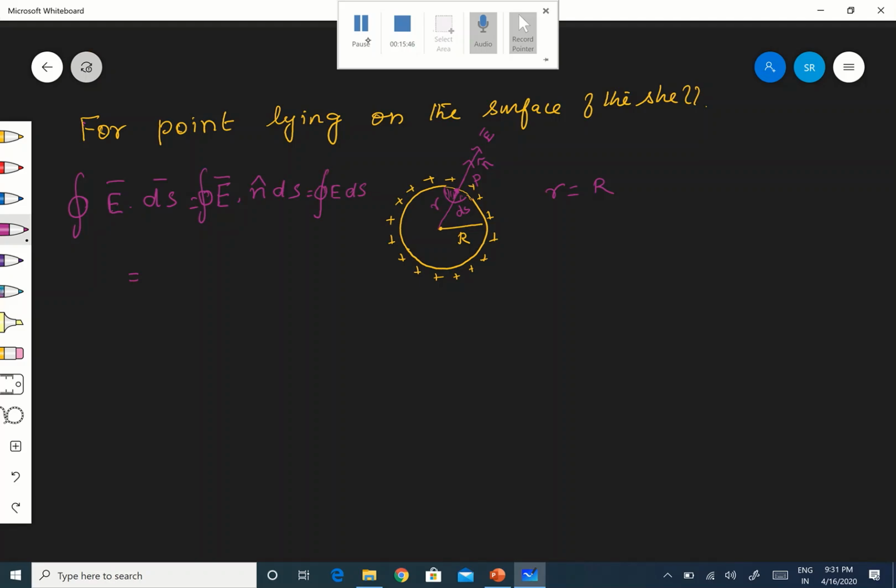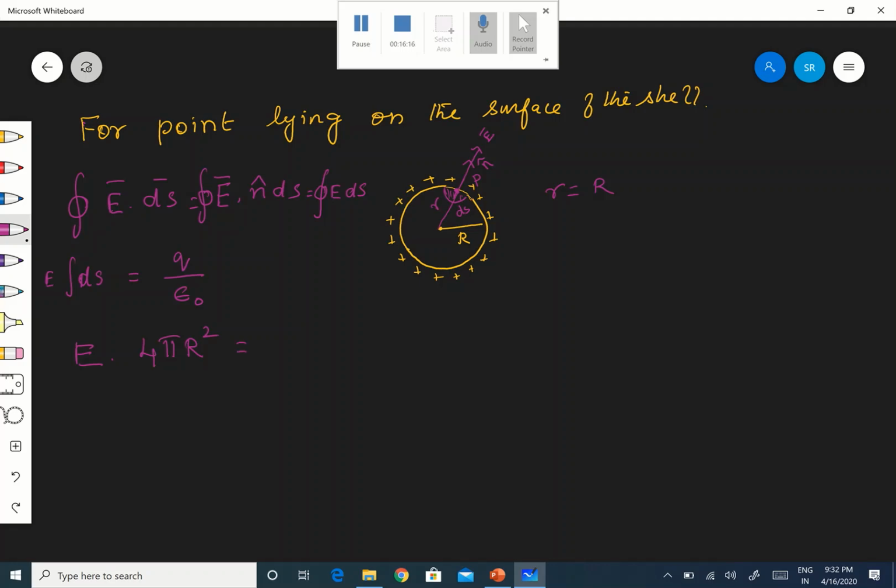Now it is E ds, and that is, according to Gauss theorem, q by epsilon naught. Therefore you will be getting E times ds, and what is the area here? 4 pi capital R squared, because the Gaussian surface has the same radius as the shell.